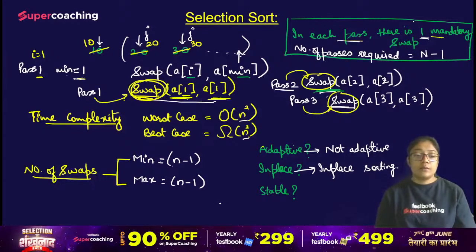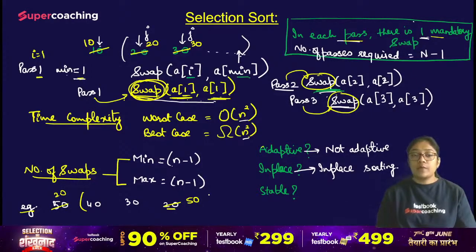Is it stable? Think for yourself, here if you have 50, 40, 30, 20. Just take an example. Now I want to sort these elements. So I'll find out the minimum element. The minimum element out of these elements is 20. So I'll swap these two elements.